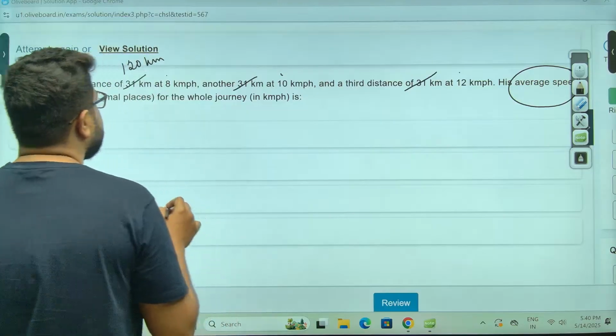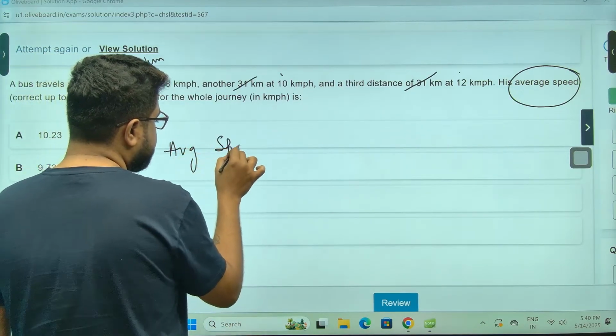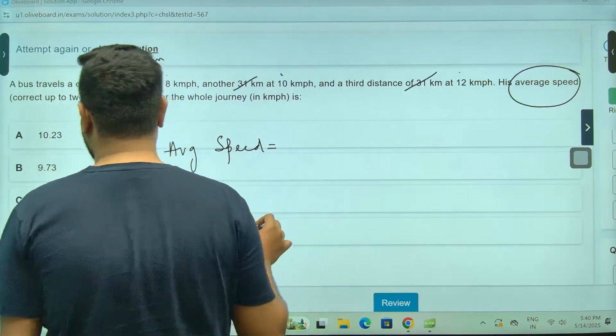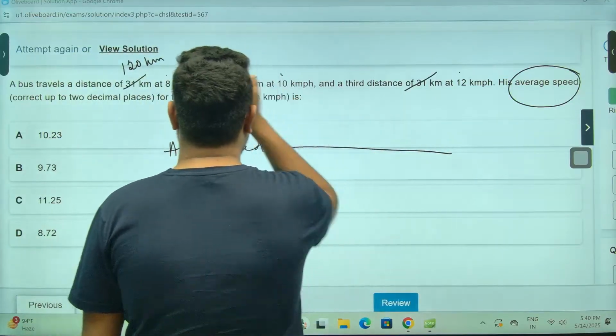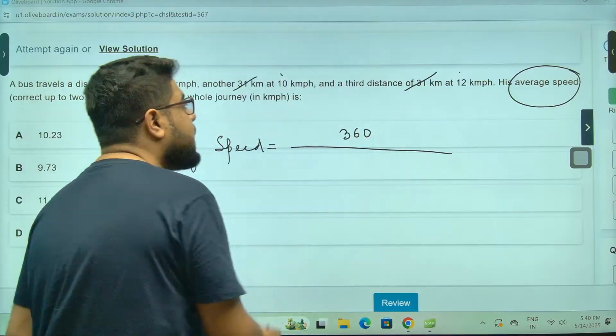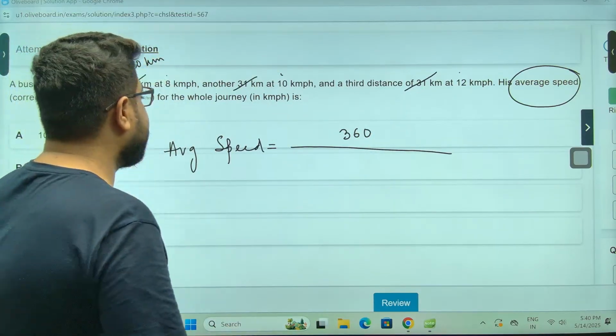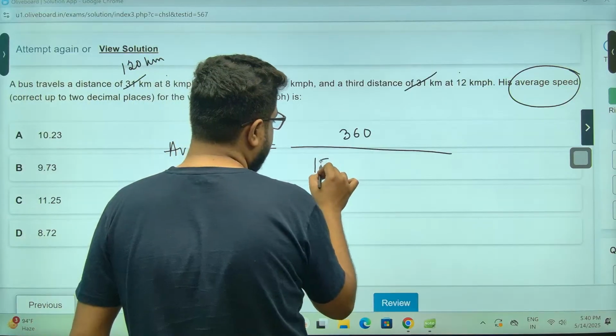Sir, average speed is what? Total distance by total time. Total distance 120, 120, 120, that is 360, by time. Time is distance by speed. 120 by 8 means, sir, 15.